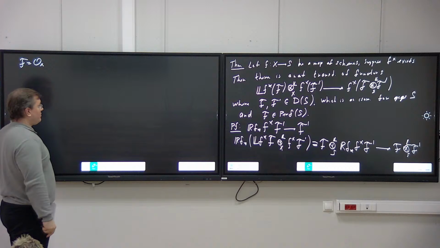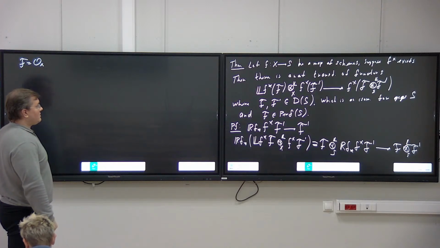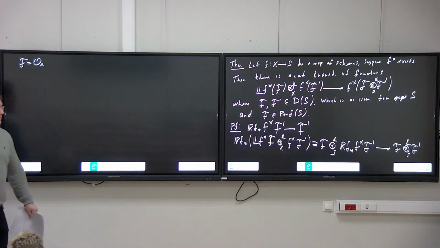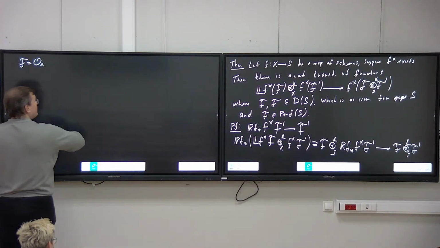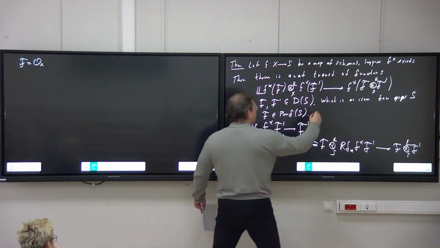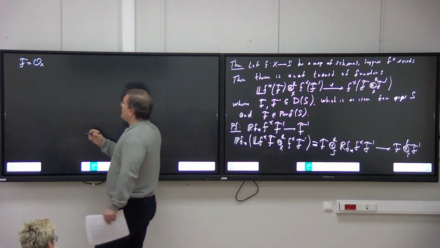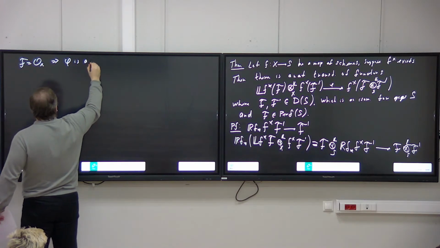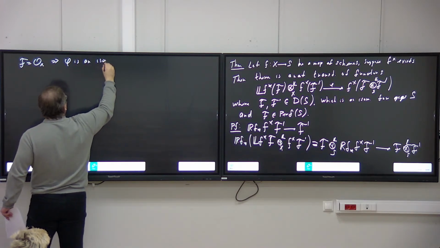So then the result follows, because we get just the identity: the f cross of F prime is equal to the f cross of F prime. So let's call this map phi. So this implies that phi is an isomorphism for trivial reasons.